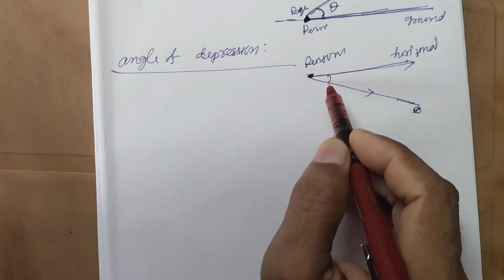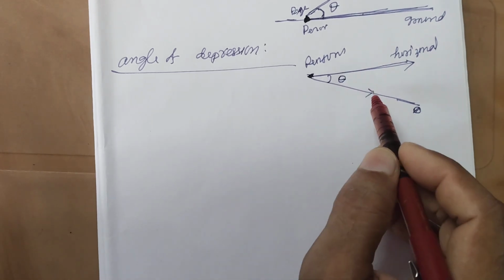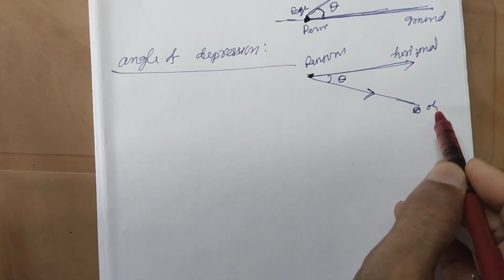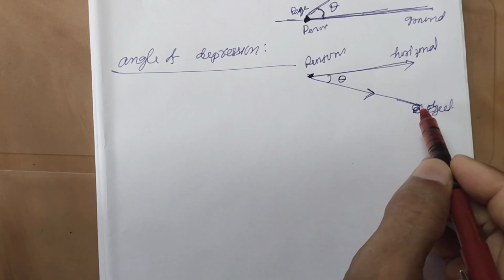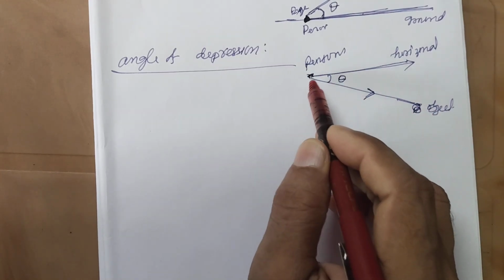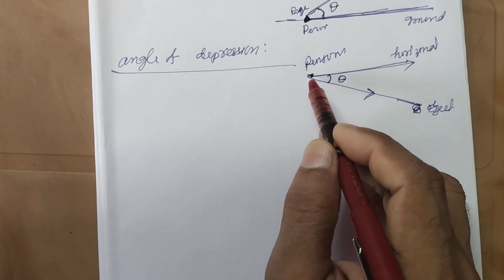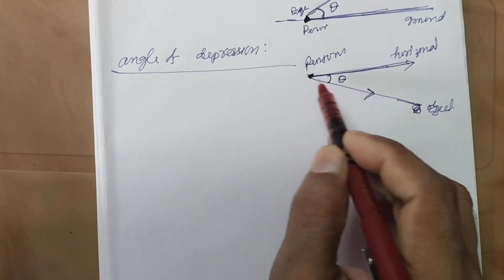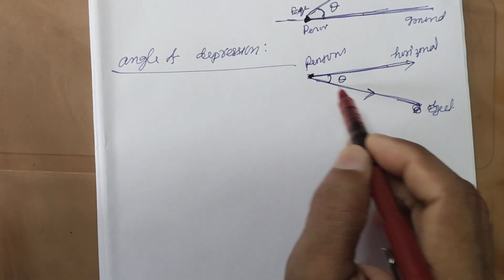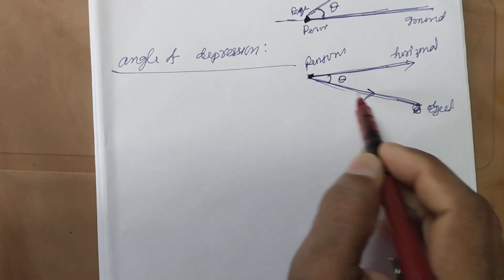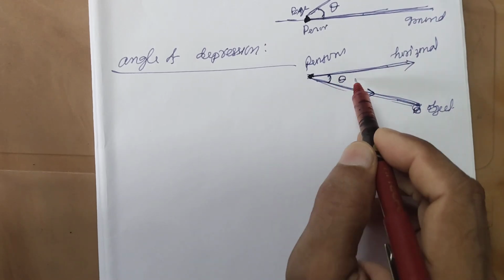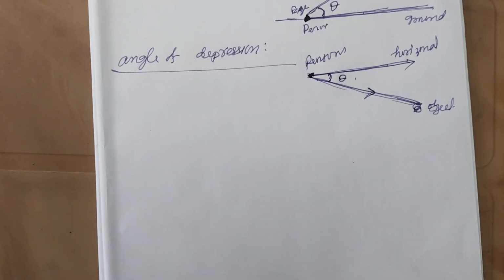Then this angle is called angle of depression. The angle between the line of sight, the line joining the eye of the person to the object, and the horizontal line is the angle of depression.